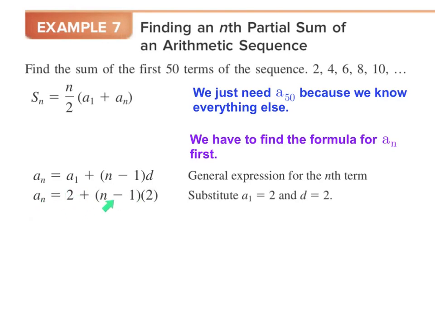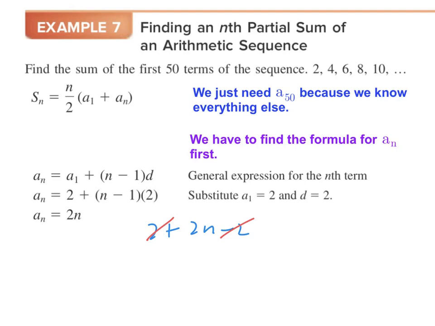So I can simplify this and get my a sub n, or at this point I could plug 50 in too, whichever you want to do. But I'm going to show you how to simplify it so you've got one formula, because in some of these problems, again, they might ask you for a different term number. So I distribute this 2, and I get 2n minus 2, and then this is 2 plus 2n minus 2, so the 2's cancel, and I'm just left with 2n.